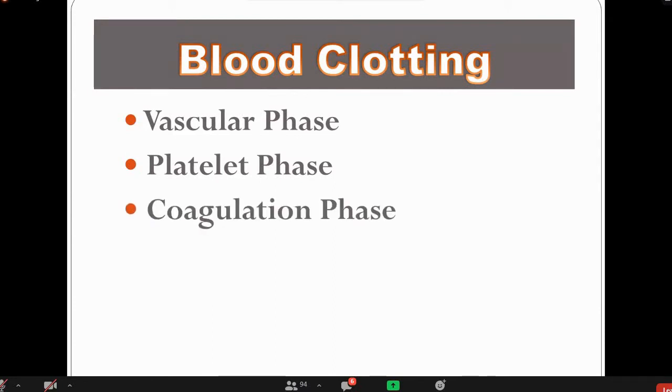That is the platelet phase, in which platelet aggregation starts to plug that puncture. Then the coagulation phase starts, and finally when the bleeding has stopped, this clot should be removed, because otherwise it would be harmful. So that is why the fibrinolytic phase is also there endogenously.